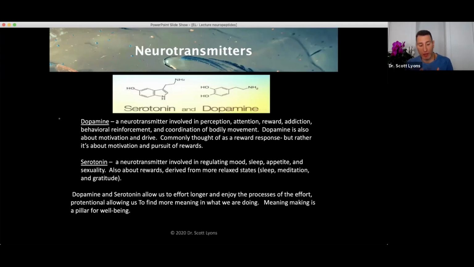So we have 6 major categories of neurotransmitters. We have amino acids, peptides, and monoamines. We're looking at monoamines today, which includes norepinephrine, dopamine, and serotonin. We have purines, P-U-R-I-N-E-S.